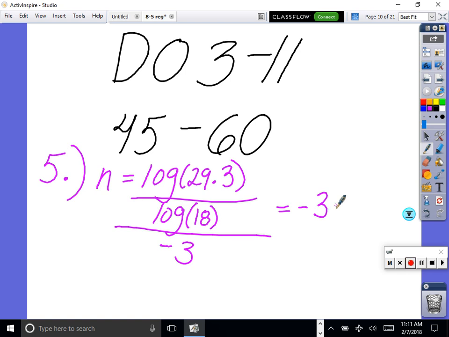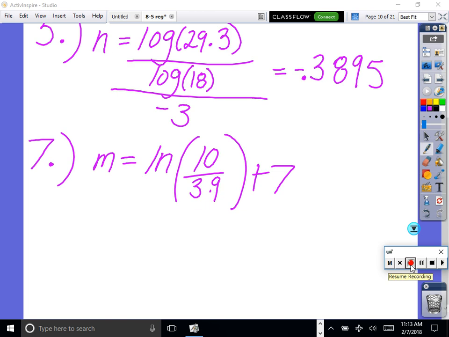Not necessarily, we can have negatives when solving the log, as long as when we plug it in, it's not still negative. Should have got that. If you're not getting that, get help. Check your number 7. This is the pretty answer. ln of 10 over 3.9 plus 7.